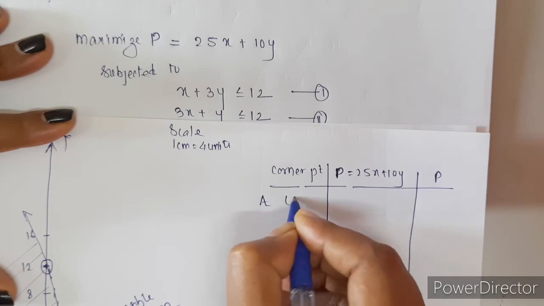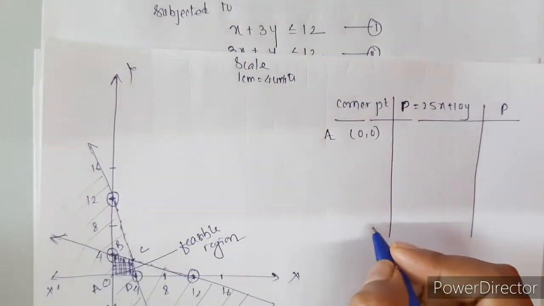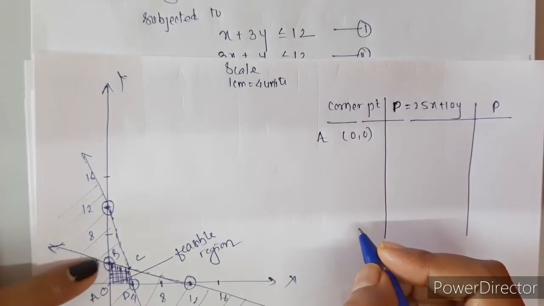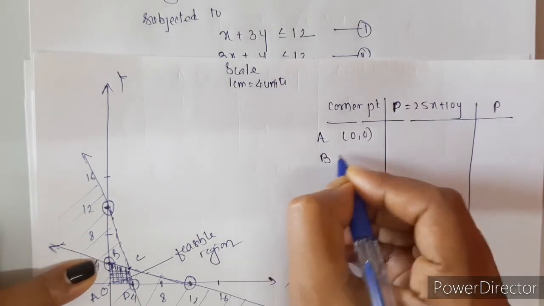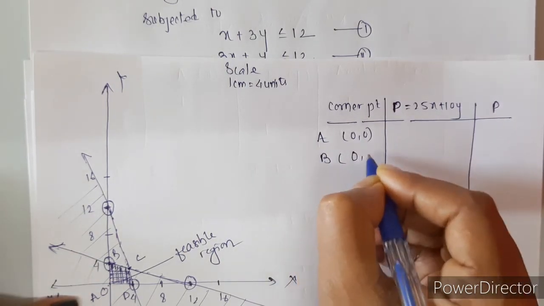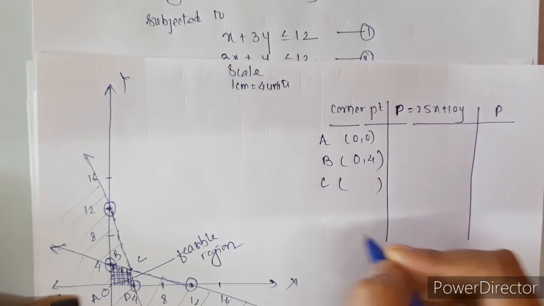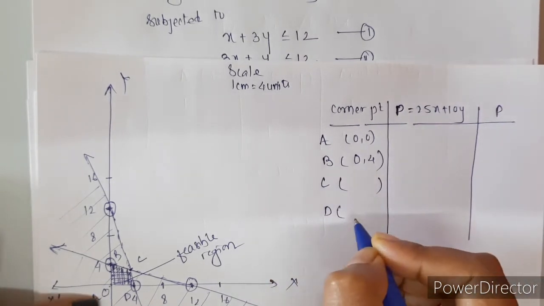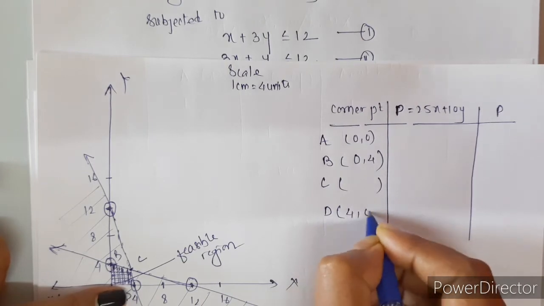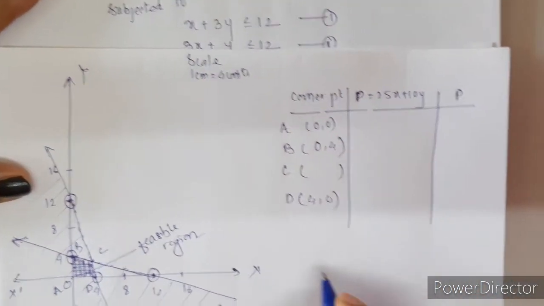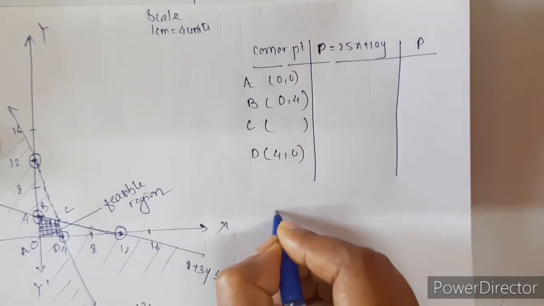What is the first point? Origin 0, 0. Next is B. B is 0, 4. C is the intersecting point; we have to find this point. And D is 4, 0.